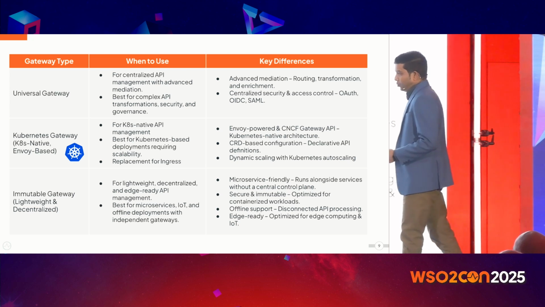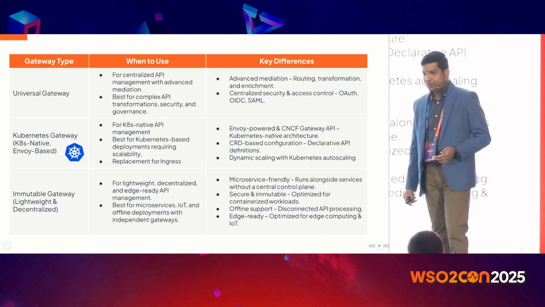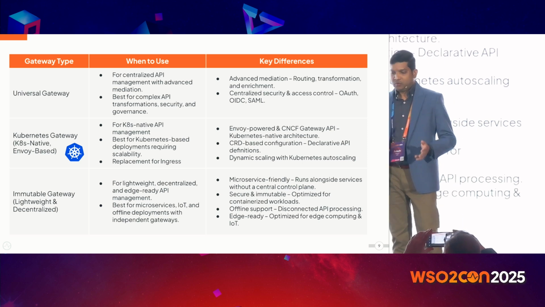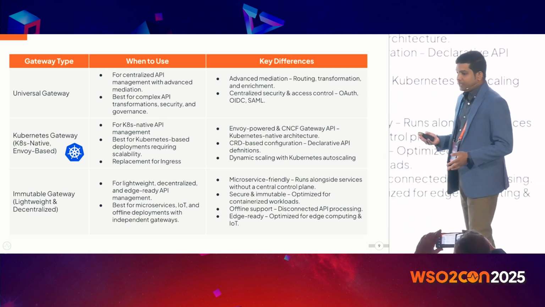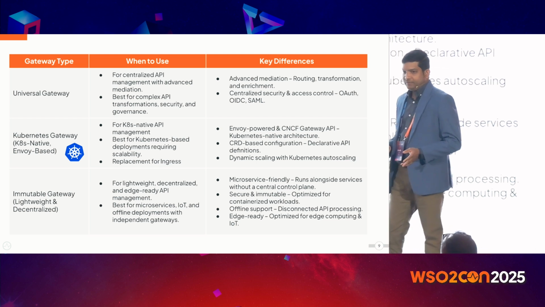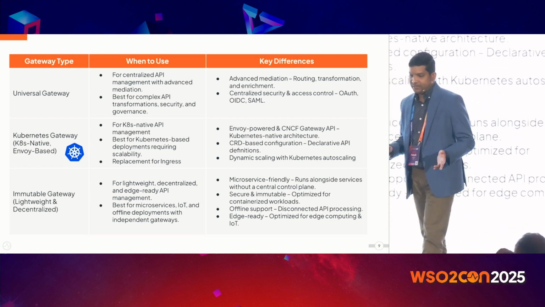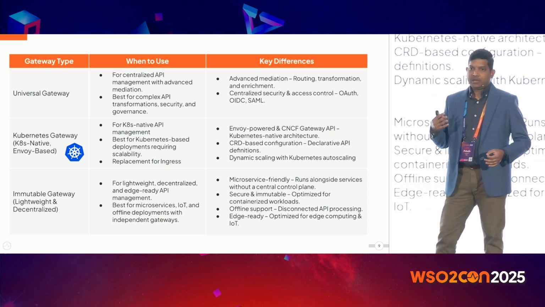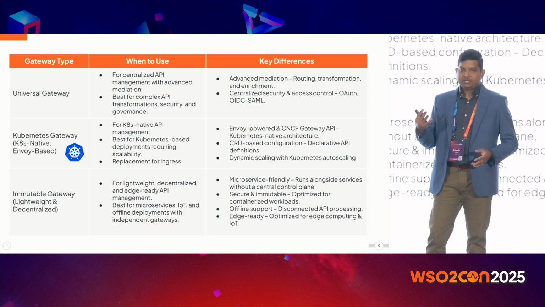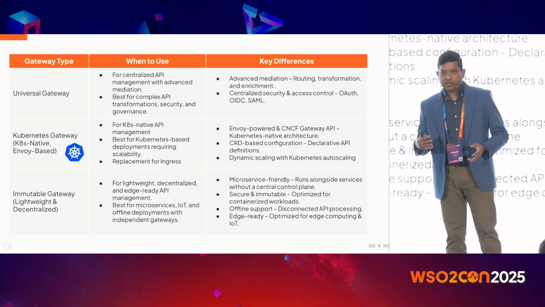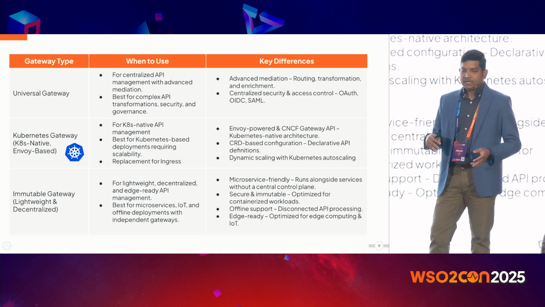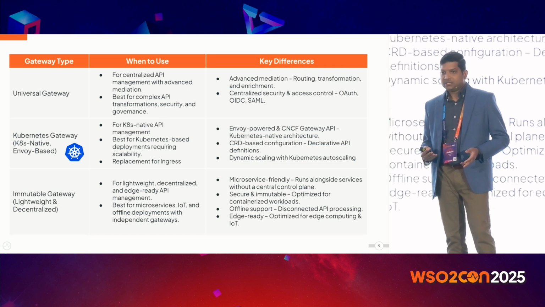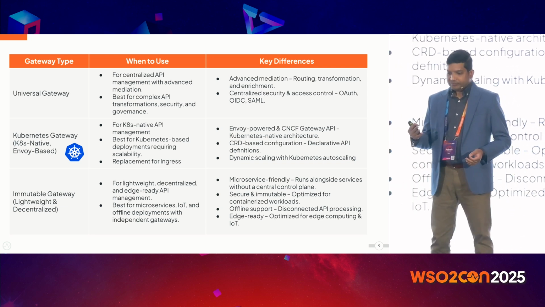If you look at more details about the gateways that we have, these gateways are there for specific reasons. Starting with the universal gateway, it is mainly for centralized API management with advanced mediations. This is mainly based on the Synapse mediations, where you can expand the mediation logic.